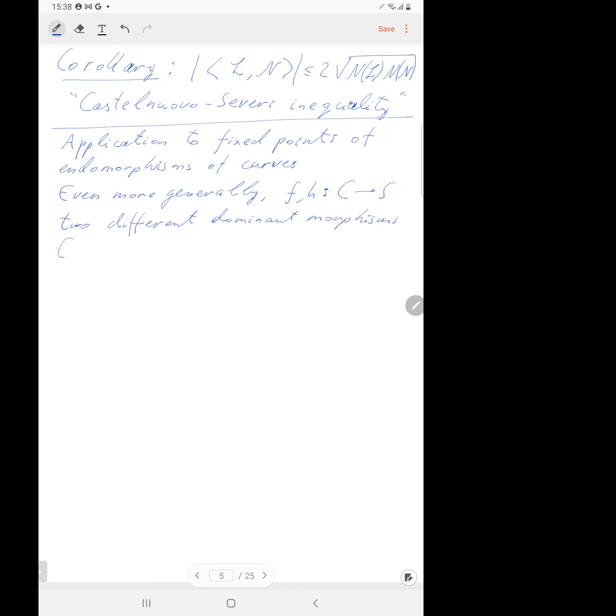So the most famous example will be when C equals S and F is just the identity, or maybe H, sorry, H is identity, and F is arbitrary.